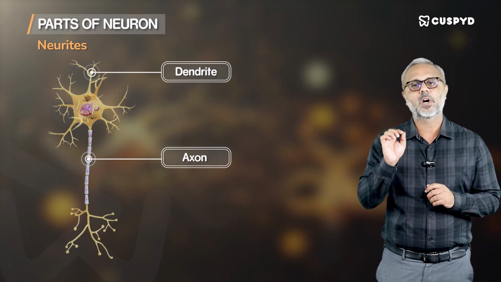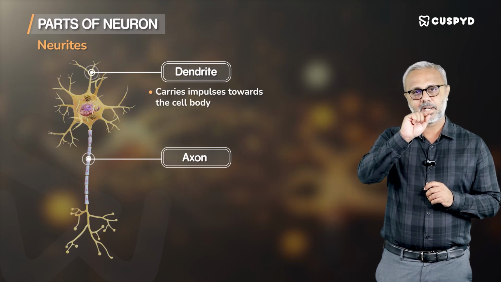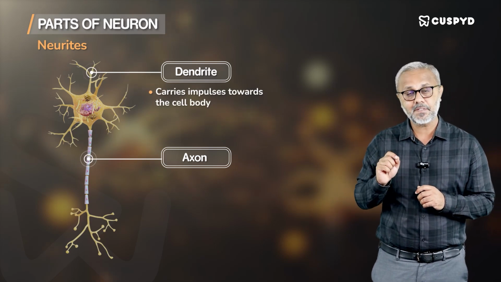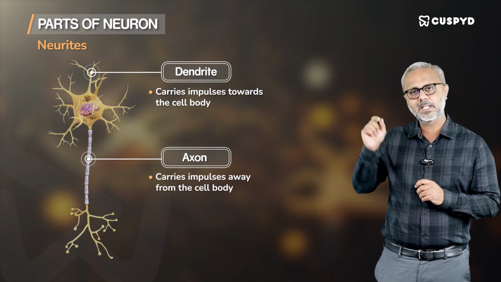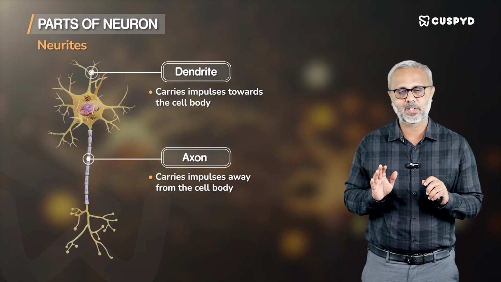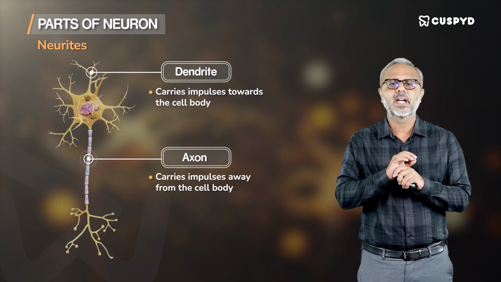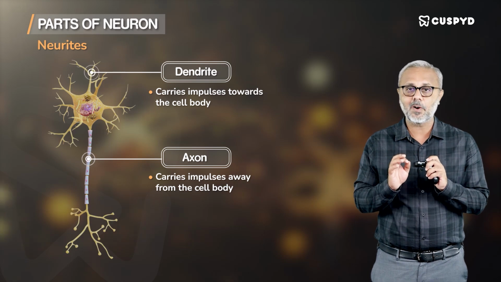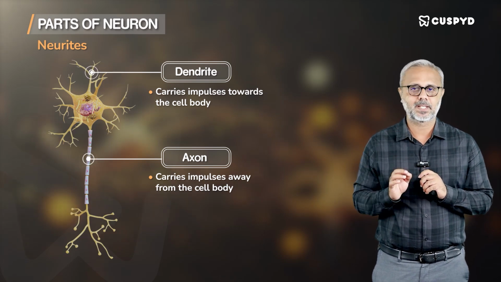If a neurite or a process carries the impulse towards the cell body, you call it a dendrite. If a process carries the impulse away from the cell body, you call it an axon. That's it. It is not dependent on length, it is not dependent on myelination, it is purely on the direction of the transmission of the impulse.